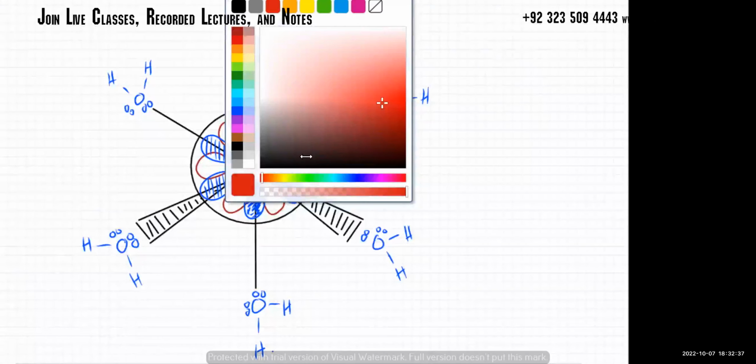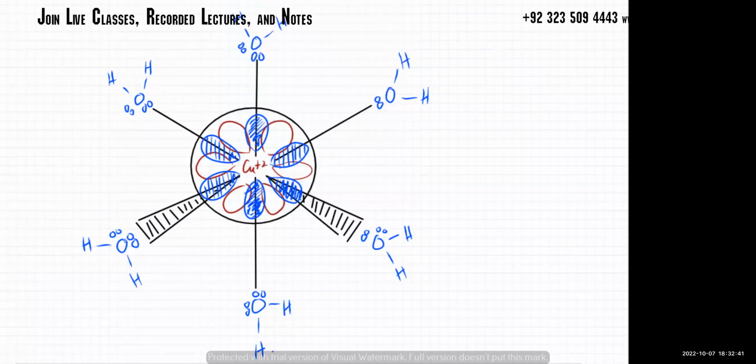So it becomes easier to keep electrons in this middle area over here. Okay? So that area between the axes becomes slightly more attractive to keep electrons. So, because of electron repulsion.